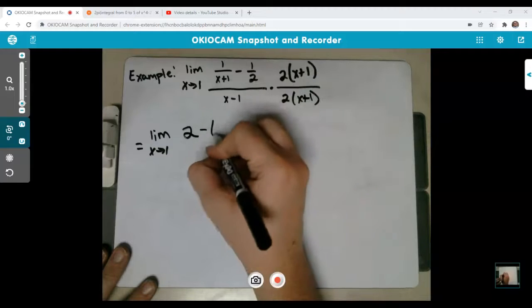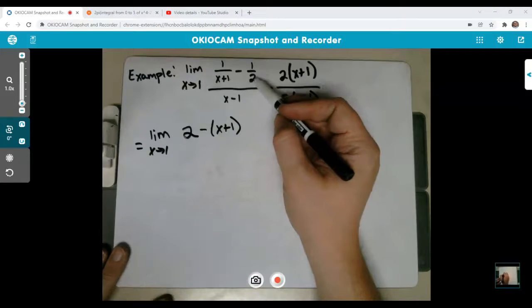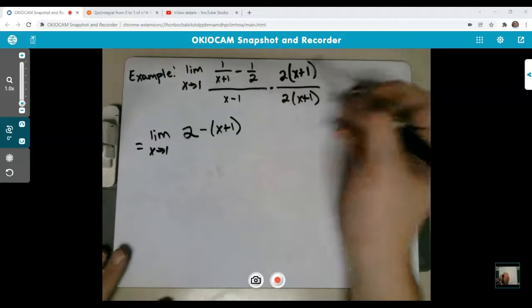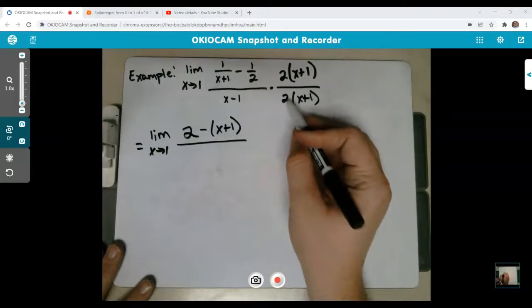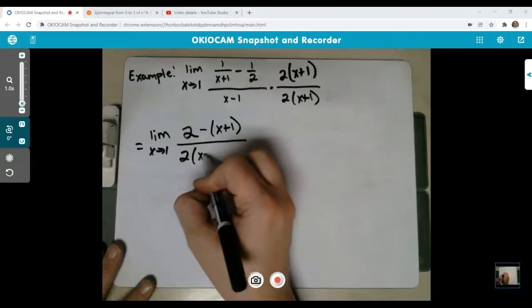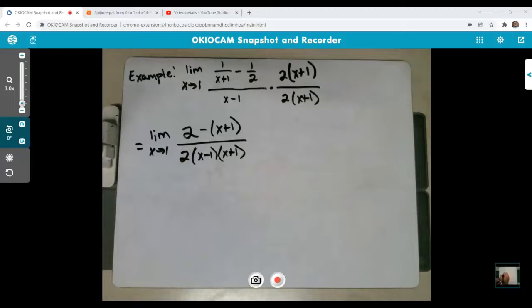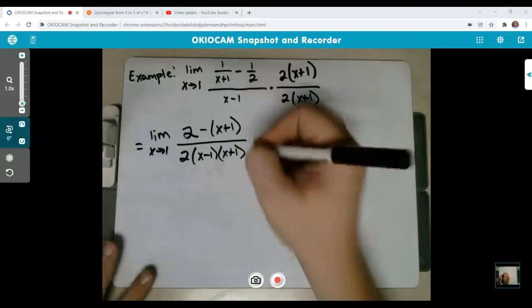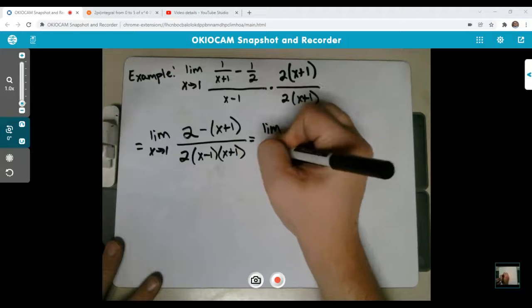So I'm subtracting x plus 1 because the 2s cancel out. That's all going to be over, I like having the constant out at the front, so I'm going to do 2 times x minus 1 times x plus 1. Let's see if I can keep rewriting this until something works out.